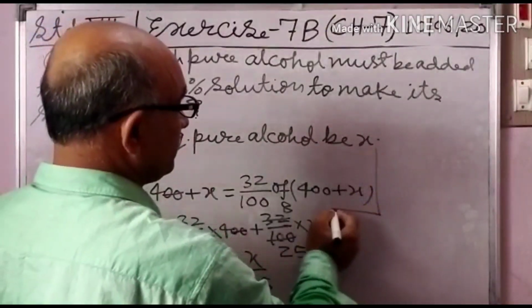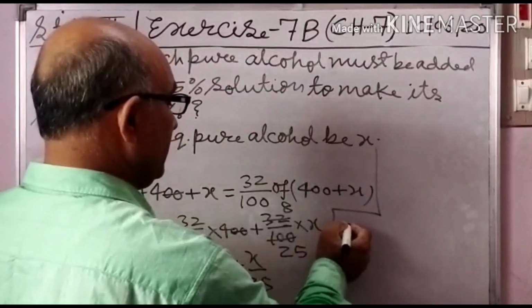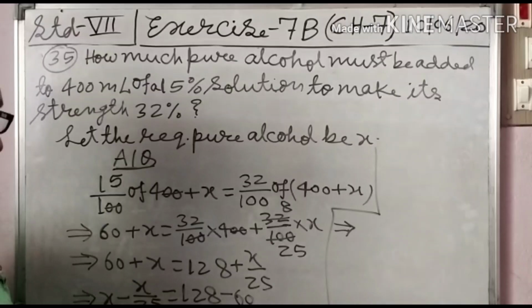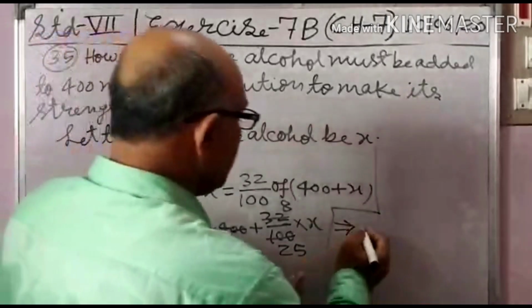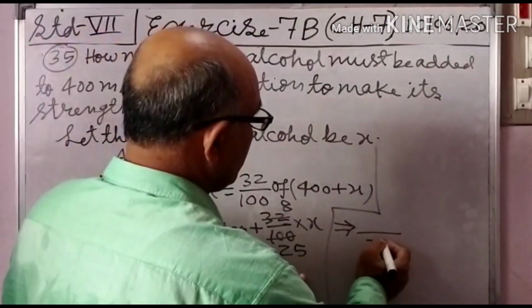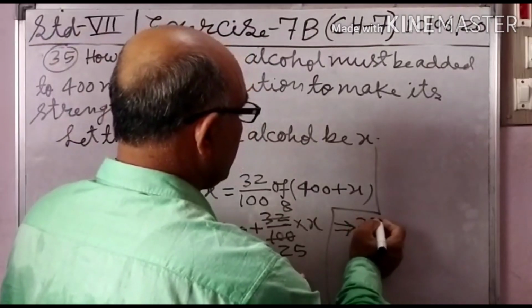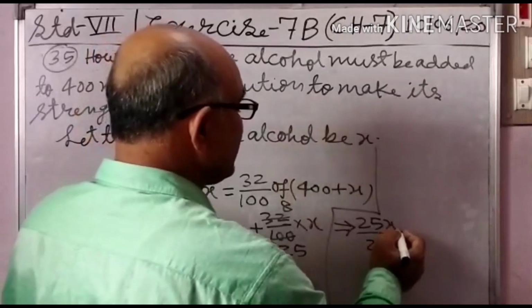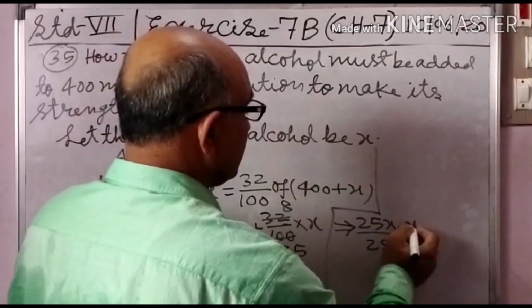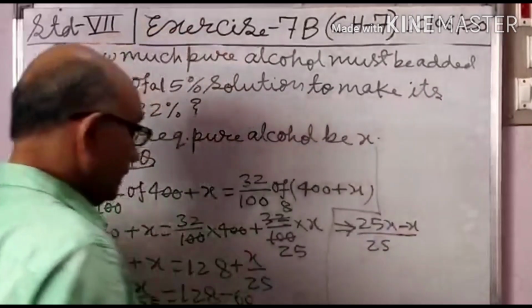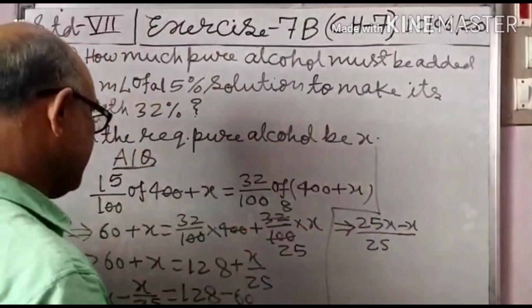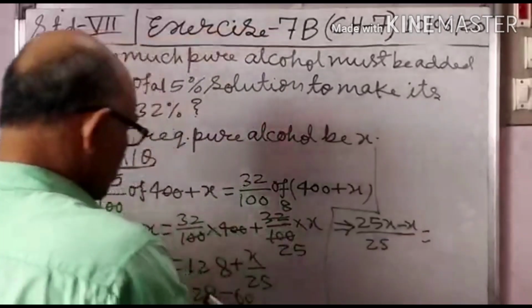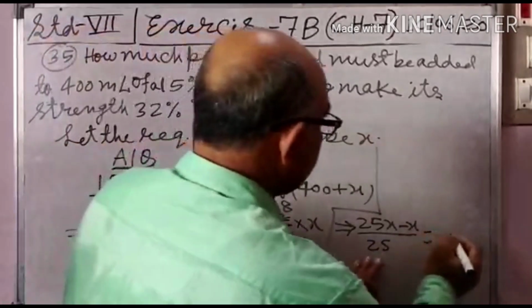Now here that implies x minus x by 25. Take an LCM. 25x minus x equal to 68.